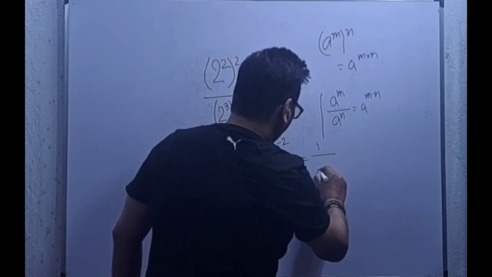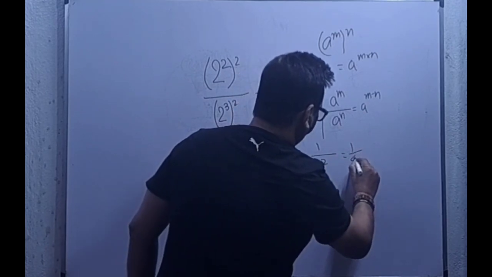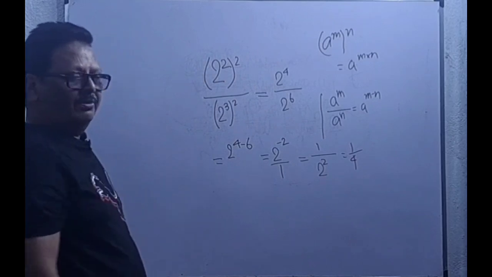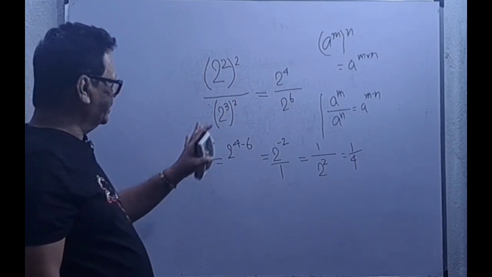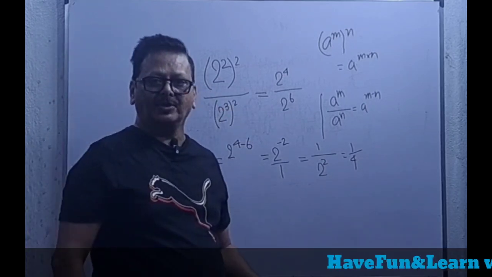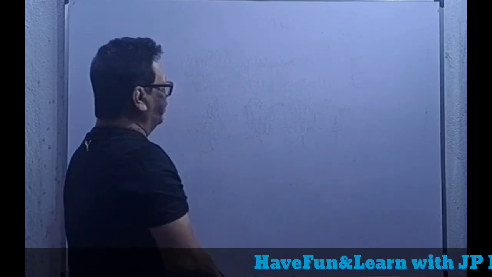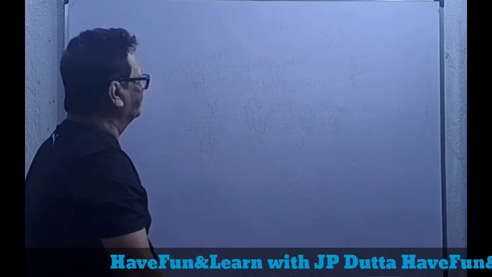So 1 by 2 to the power of 2, which is 1 by 4. Right? Is it understood? Correct. Pause and think, and any questions you've got, you can put in the comment box later on. I'll handle it. Before going further, I want to ask you 2 questions.